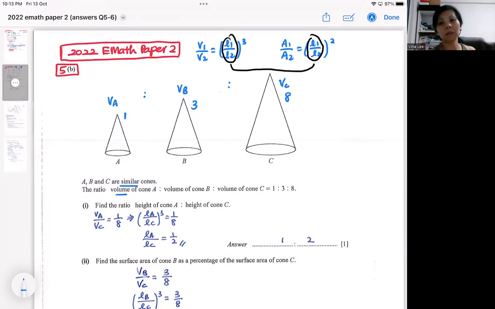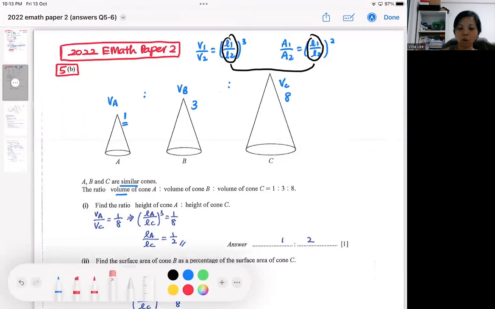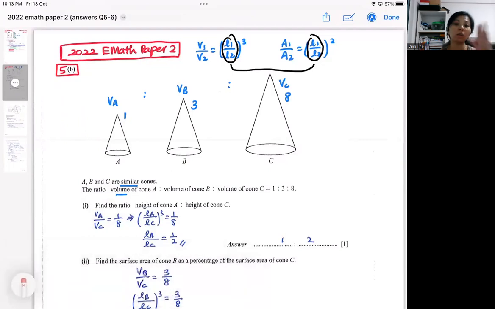I'm not supposed to find the actual height, I'm just asked to find the ratio. You are not given the actual volume, so you need to take note. The actual volume is not 1 unit. It's just that when they are put into this ratio, it's 1:3:8. So 1:3:8 is not the actual volume, it's just the volume ratio.